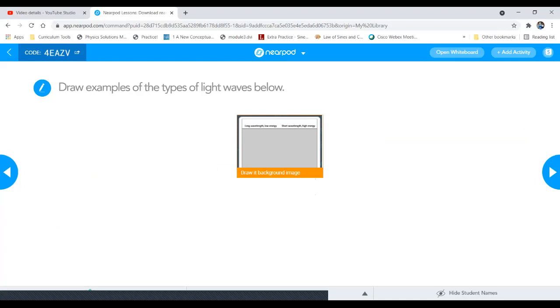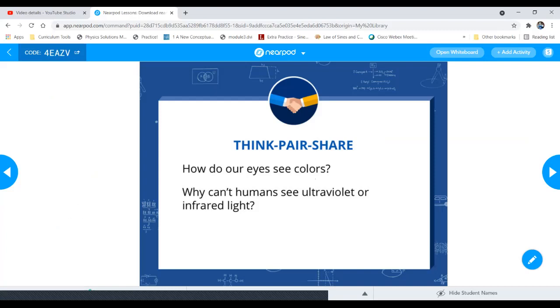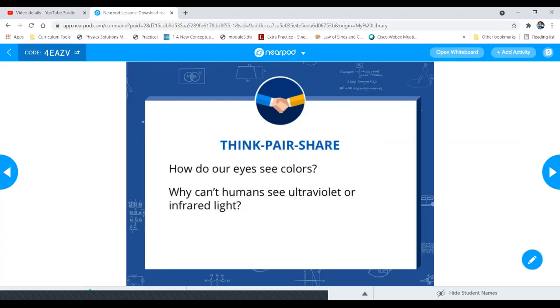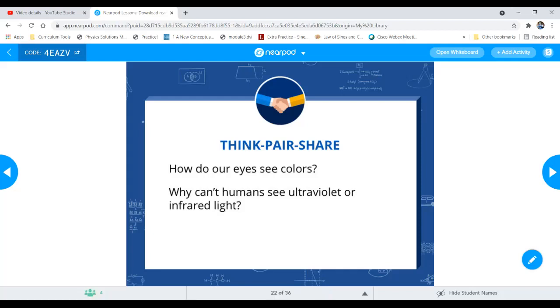All right. I'm going to skip over this one today. So how do our eyes see colors? And that was something that one of you has already answered. The colors that we see are the wavelengths reflected back to our eyes, while all other wavelengths become absorbed by that object, whatever it is.